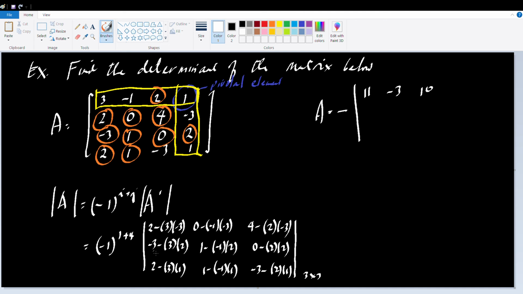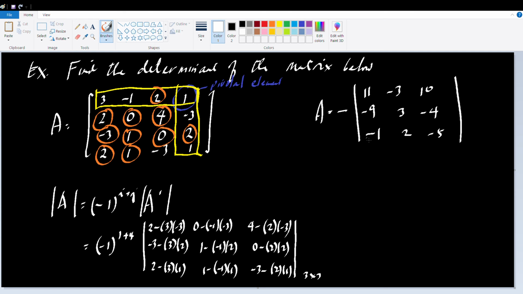Next, -3 minus 6 is -9. 1 plus 2, that will be 3. 0 minus 4 is -4. 2 minus 3 is -1. 1 plus 1 is 2. Negative 3 minus 2 is negative 5.